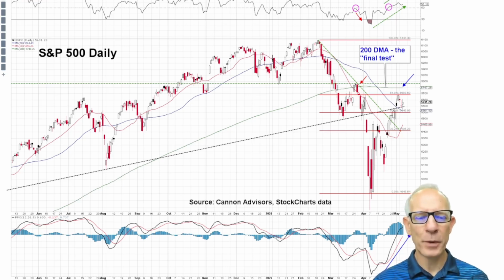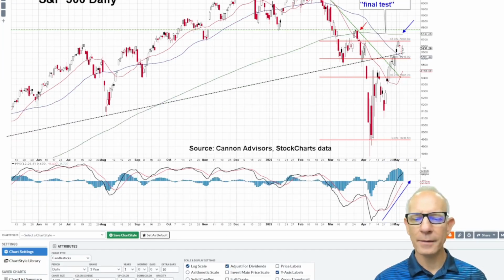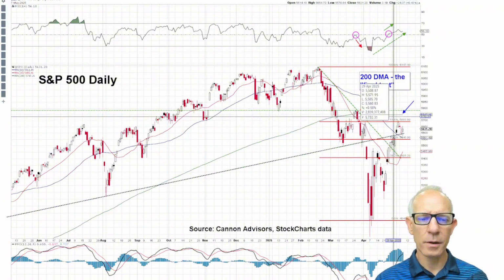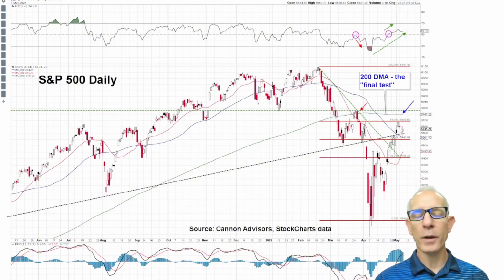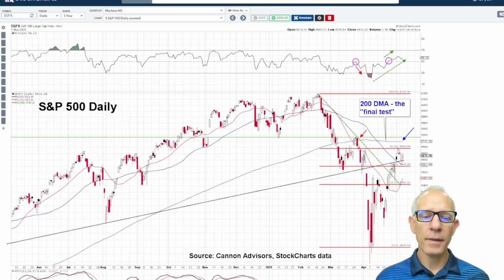But there are some constructive things happening, but we do have a little more work to do to feel fully confident that we're on the right track. We do have MACD heading up as well. All in all, we've got some pretty serious resistance coming up. If we can get through that, it's going to be a green light. If we reject off of that, then we're looking for where we're going to fall down a little bit. So we're watching those levels closely.